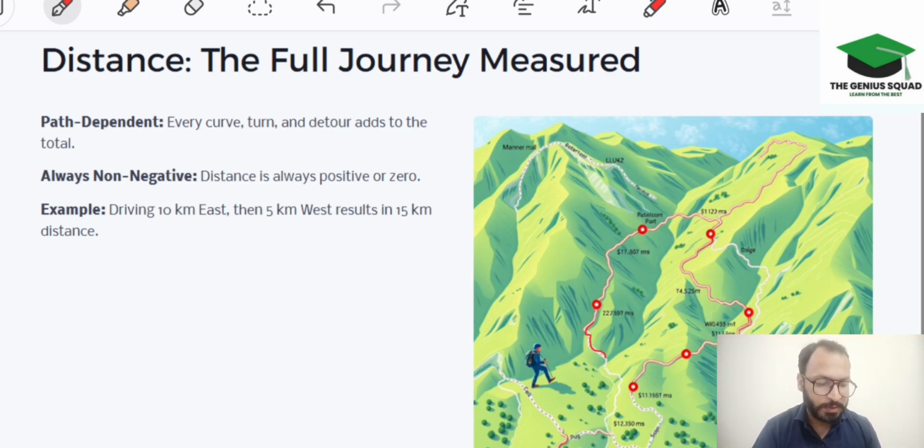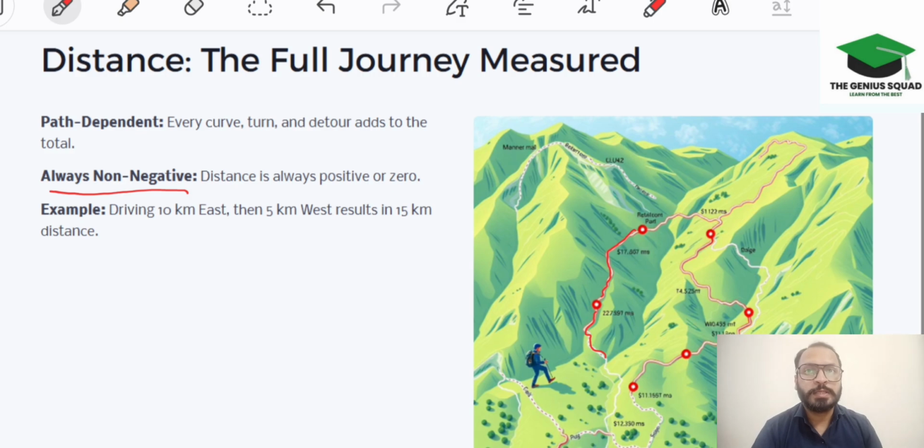As you can see here, a person is climbing a mountain, taking many turns, going up, going down, and all of these turns and curves affect the length of the path that he will travel. Second, it is always non-negative. That means if you are moving from one place to another, your distance can never be negative. It may be zero if you are not moving, but it can never be negative.